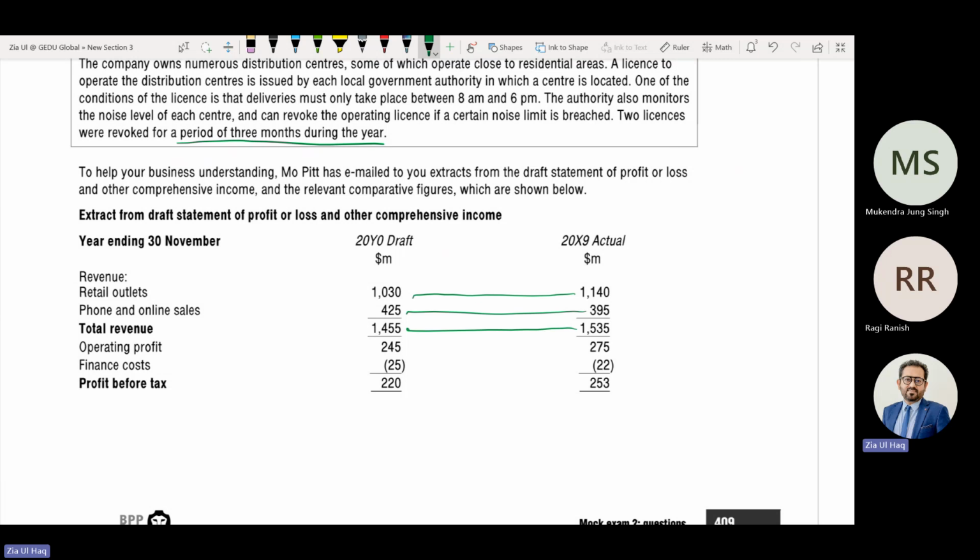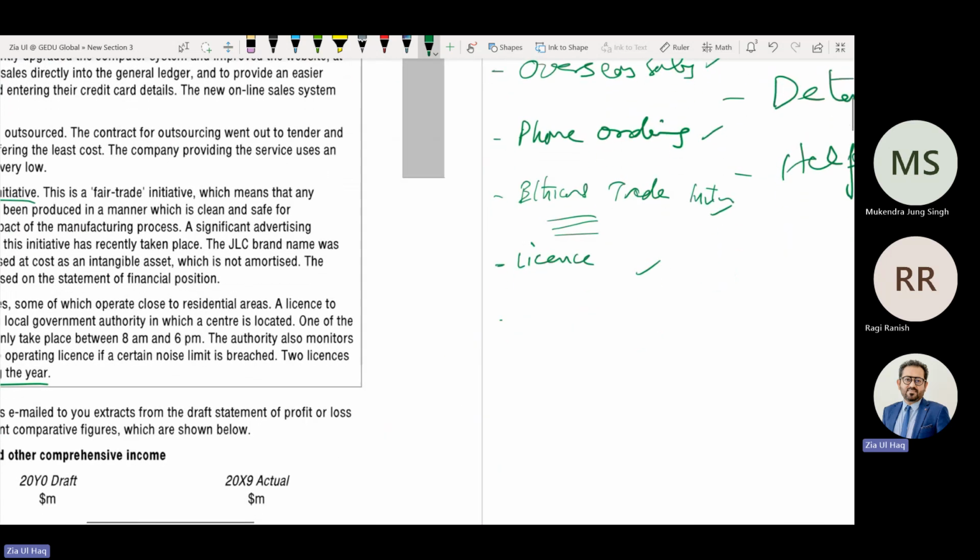If we look at operating profit, it also has decreased, finance cost slightly increased, and profit before tax also decreased. And we can calculate profit margin, operating profit over sales multiplied by 100, and profit margin, if you see, has decreased from 2009 to 20Y0. What will we put as the heading? Financial risk.